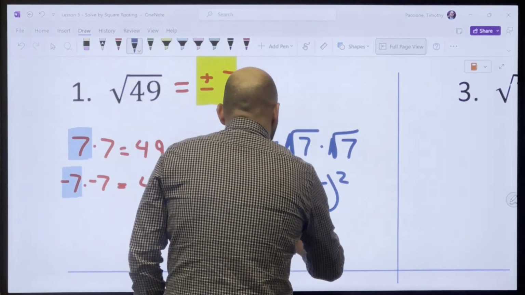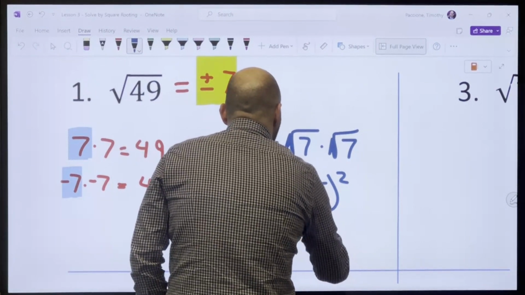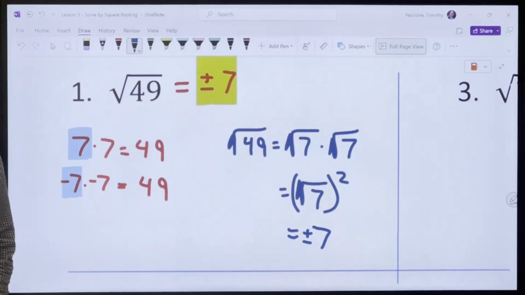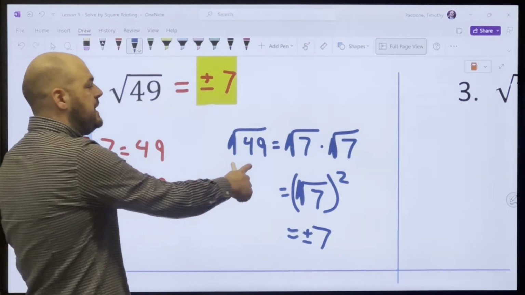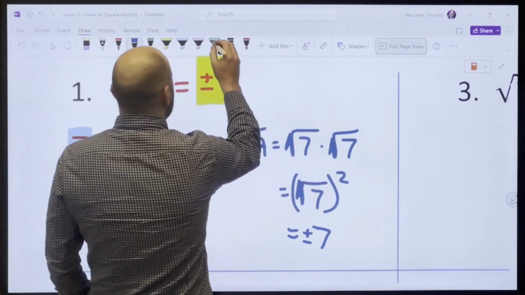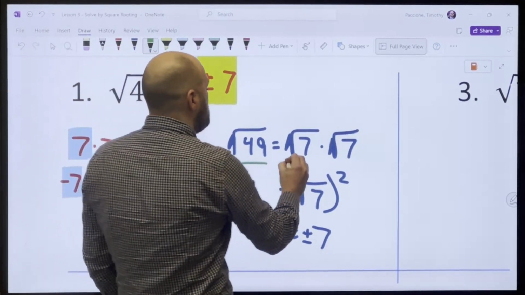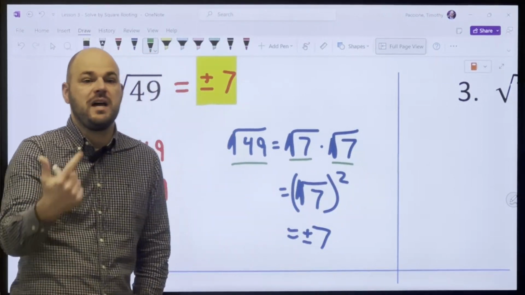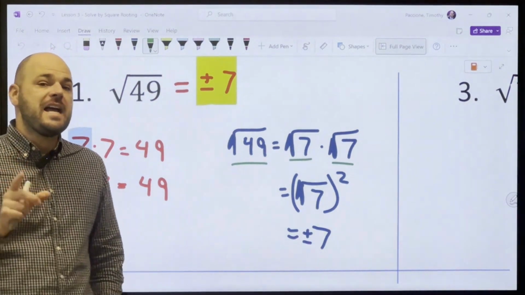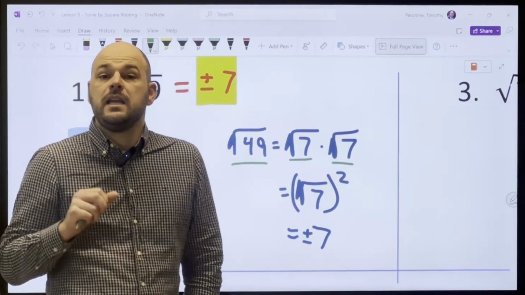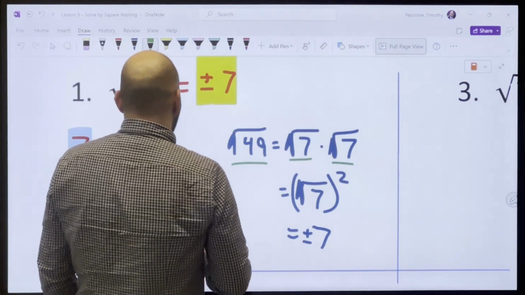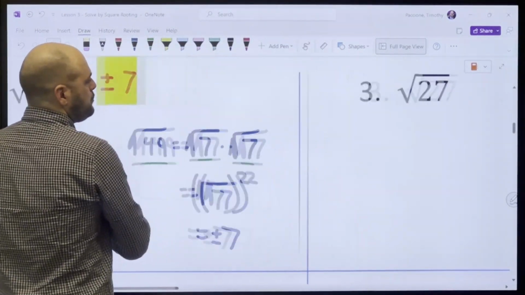And that gives us the 7, and we also account for the plus or minus, right? So this piece is important. This idea that you can take a square root and pull it apart into square roots that multiply to give you that square root, because that's what we're going to do to simplify non-perfect squares. And I'll show you what I mean with the next problem.